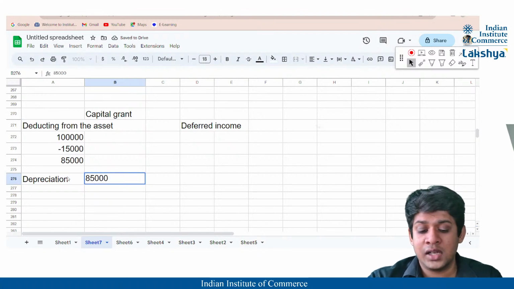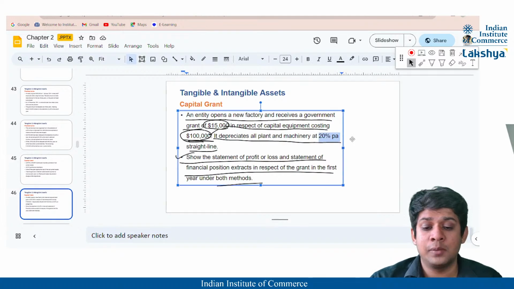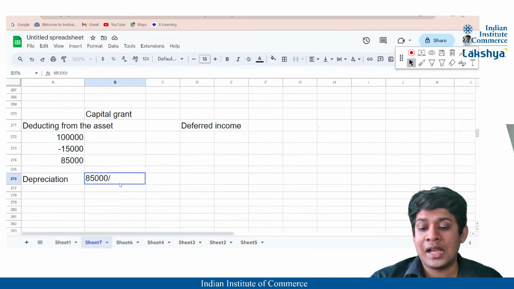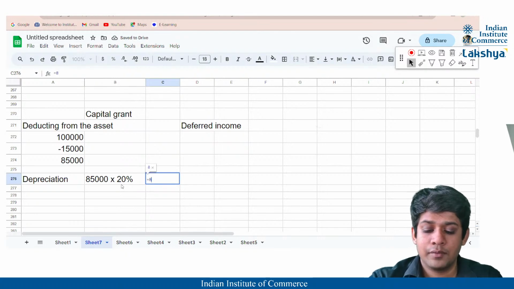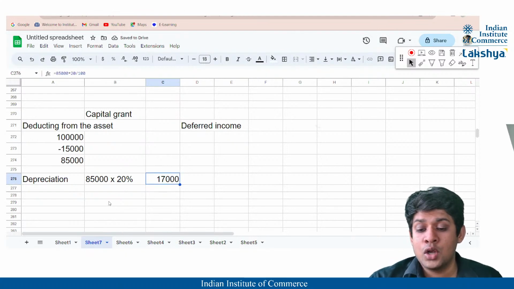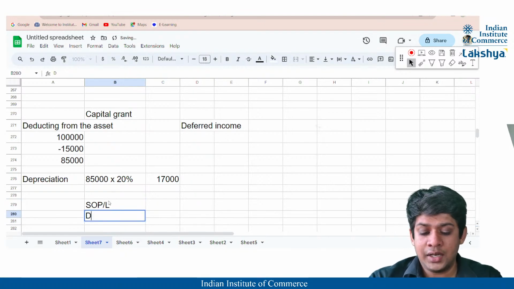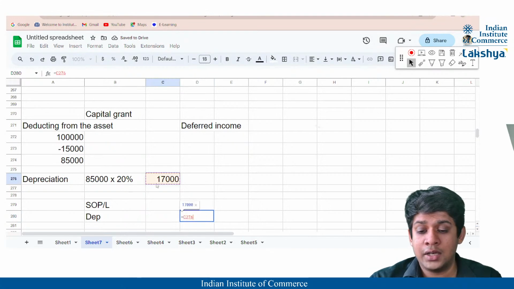So under this method, my depreciation will be 85,000 is the value of my asset, and it is actually depreciated on 20% per annum basis, correct? So 20% per annum will be the depreciation on it, that will be into 20 divided by 100. This is my depreciation. So when I prepare the statement of profit or loss, I will state depreciation to be 17,000 as we calculated.